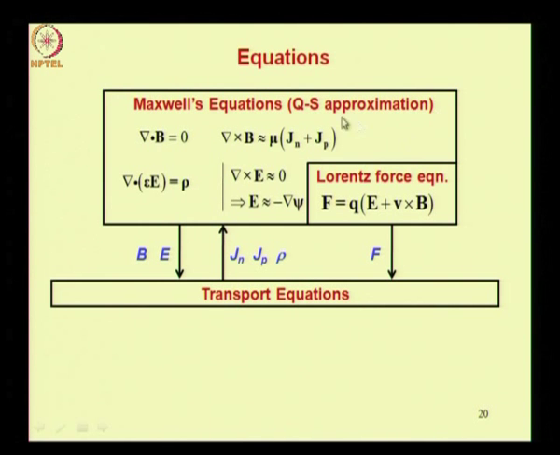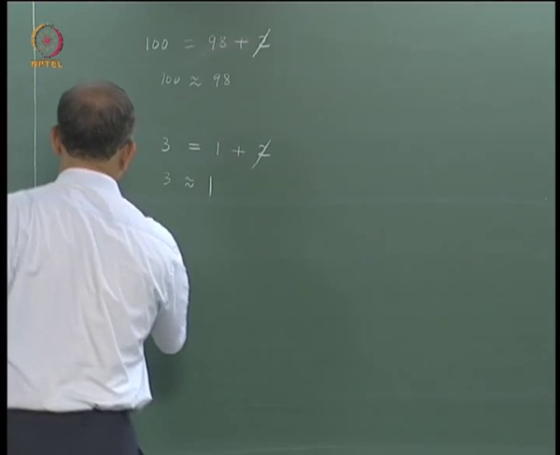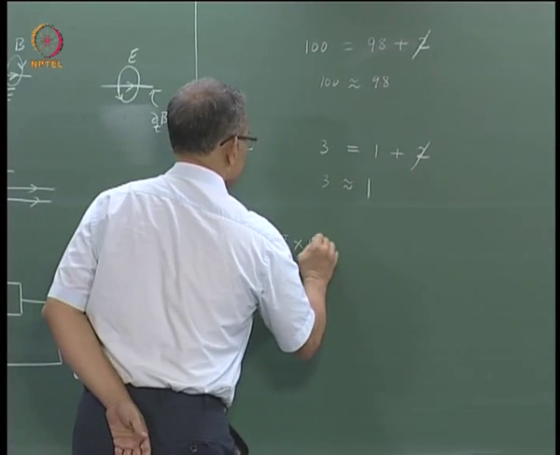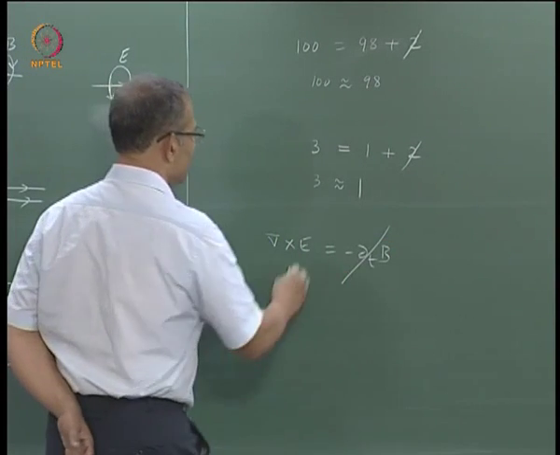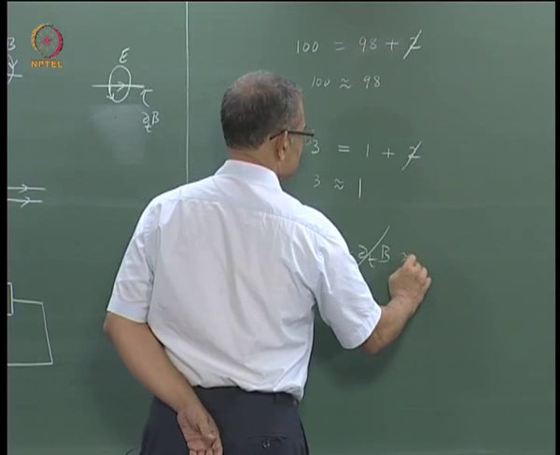The consequence of the quasistatic approximation is that the time varying electric field is removed here and the time varying magnetic field is removed, as a result of which curl of E becomes 0. So what we are saying is curl E is equal to minus dou B by dou t, and this quantity we neglect. So in other words, we are saying curl E is 0.